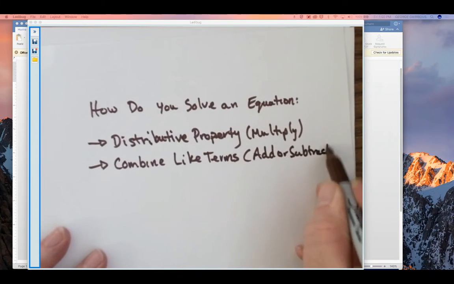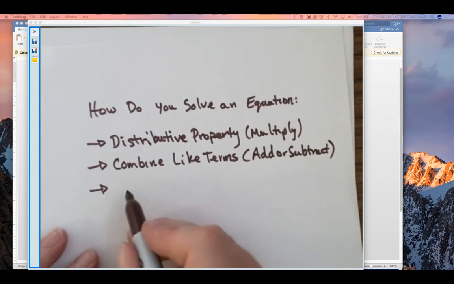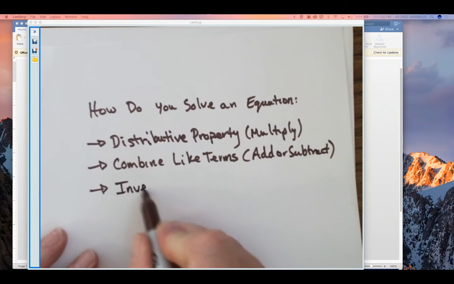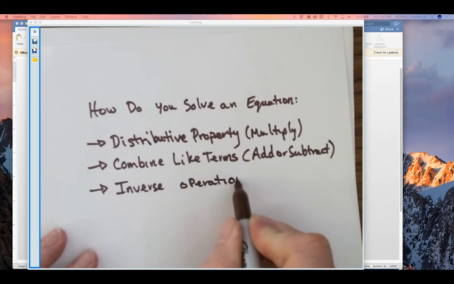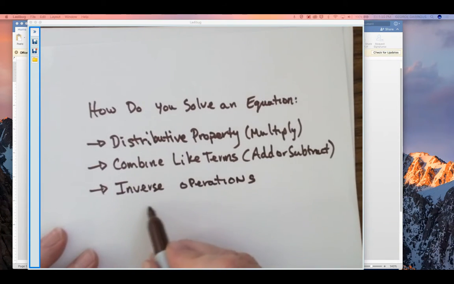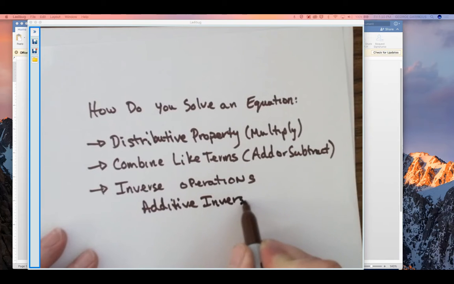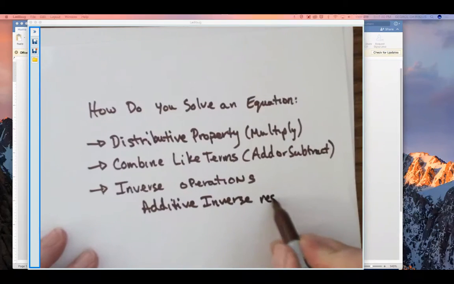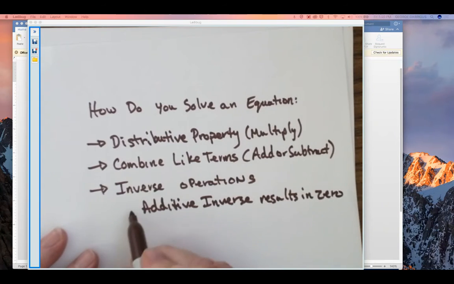And finally, when you get stuck, when things are not alike, you have to do inverse operations. There's 2 kinds. There's first the additive inverse. Additive inverse results in 0. And then you have your multiplicative inverse.